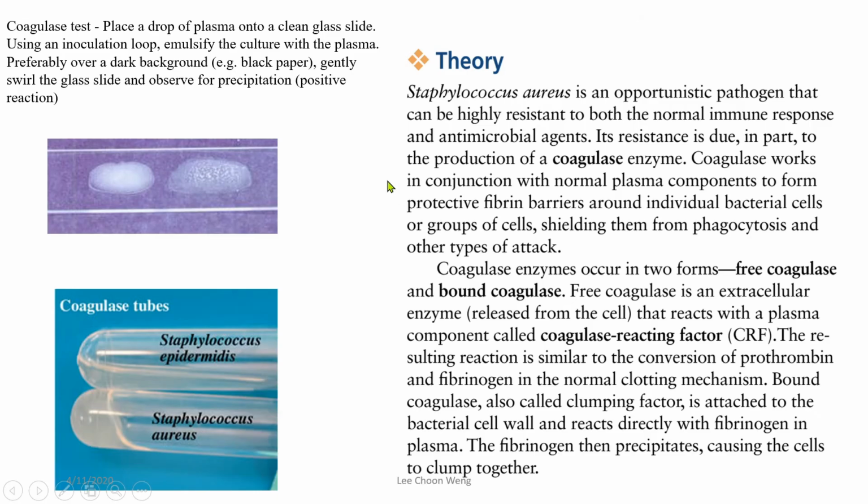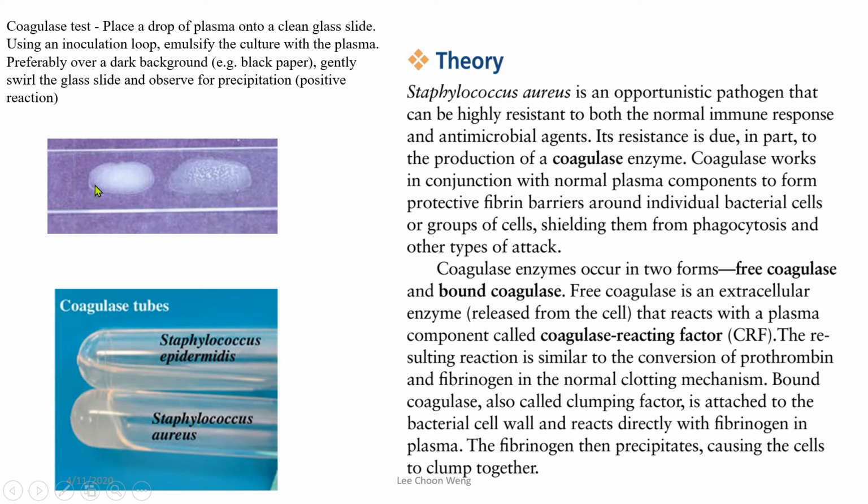Let's look at the coagulase test. The coagulase test checks whether the bacteria has the coagulase enzyme. The coagulase enzyme is important in pathogens because it works with the plasma components to form protective fibrin barriers around the bacterial cells, and protects them from phagocytosis and other types of attack from the human immune system.